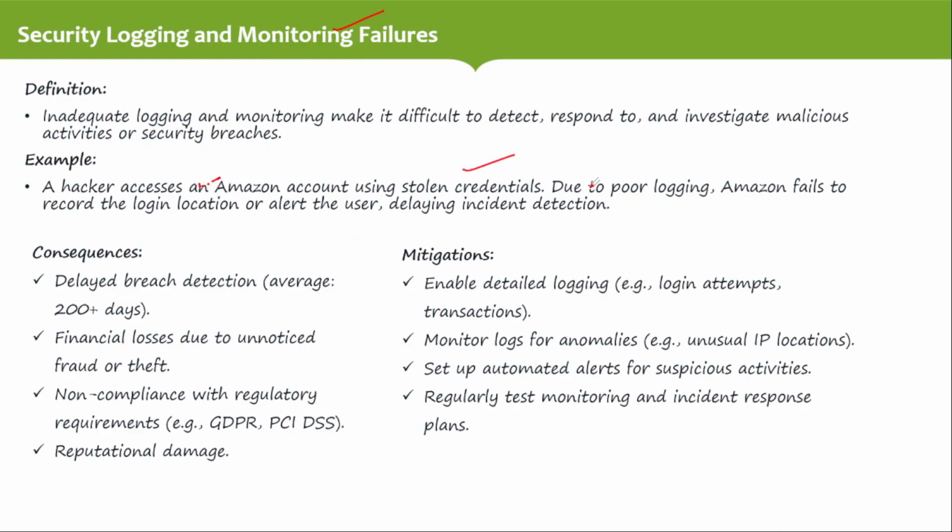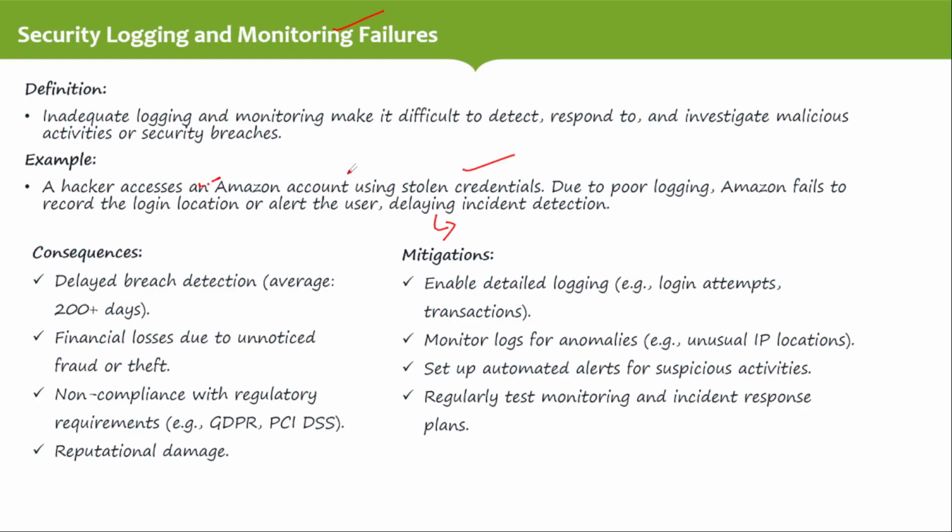Due to poor logging, Amazon fails to record the login location or alert the user, delaying incident detection. If there is no proper incident response at that time, it could lead to a security issue. It can be considered as a vulnerability.